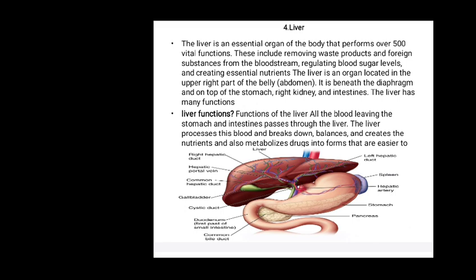The liver is located in the upper right part of the belly, meaning the abdomen. It is beneath the diaphragm and on top of the stomach, right kidney, and intestines.